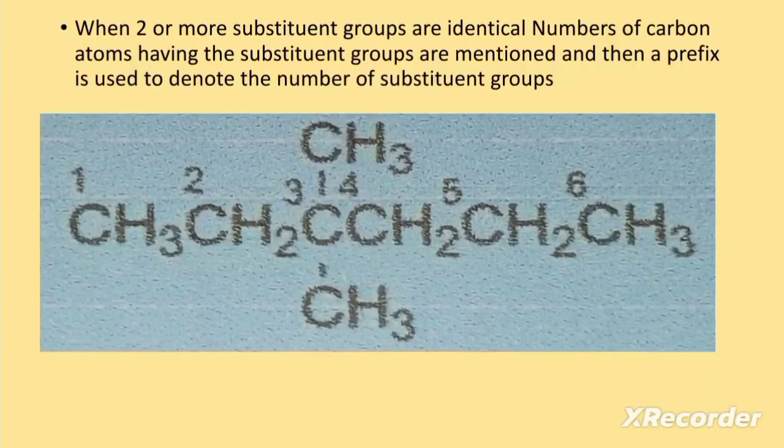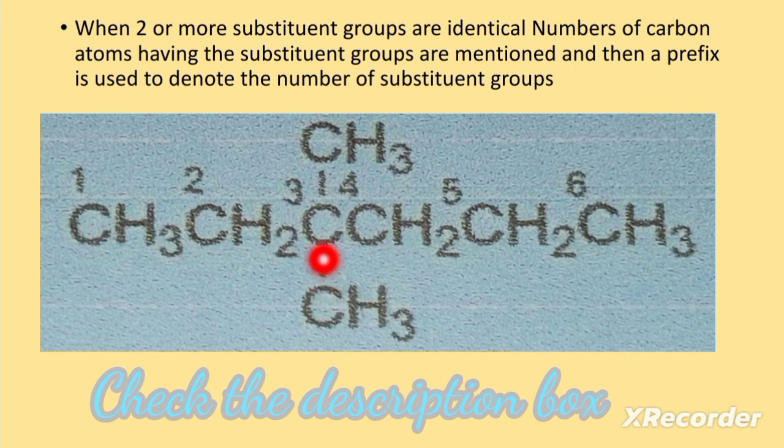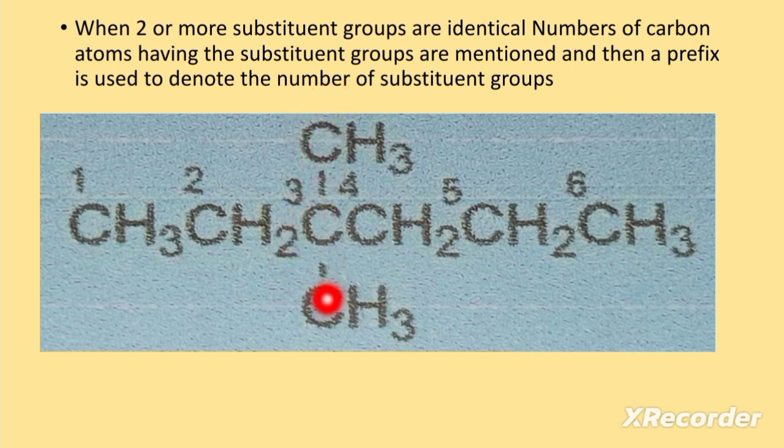I want to highlight something here. In this case, the same type of alkyl groups are not attached; rather, different groups are attached to the same carbon atom. But there are situations where the same type of alkyl is attached to two different carbon atoms.